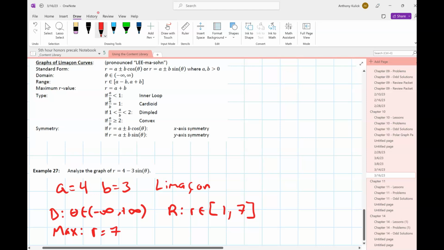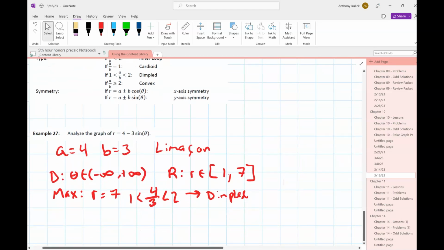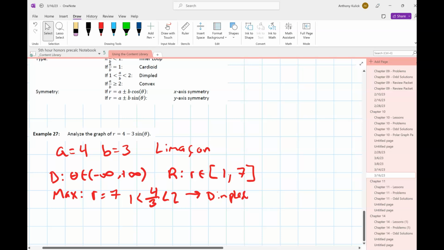If I look at this, a over b is between 1 and 2. So that tells me this was the dimpled. And the last thing I want to do is the symmetry. So this is the sine one, so we have y-axis symmetry.